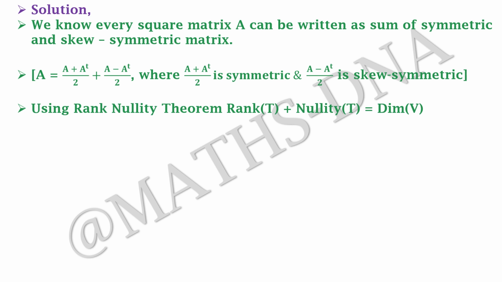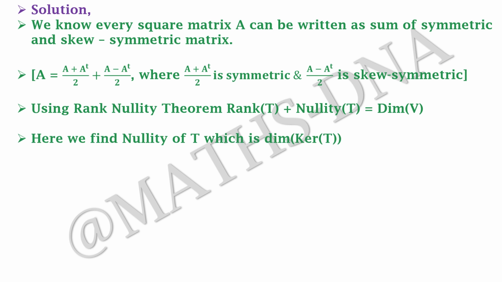Now using the rank-nullity theorem, that is rank of T plus nullity of T is equal to dimension of V. Here we will find the nullity of T, that is dimension of kernel of T. Now why are we finding the nullity of T? Because in the question it is given to us that T of A is 0, and we know kernel of T is equal to the set of A belonging to M_n(R) such that T of A is equal to 0.